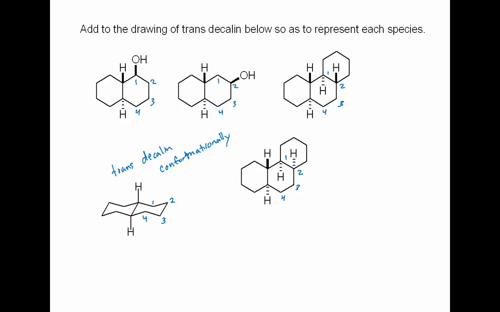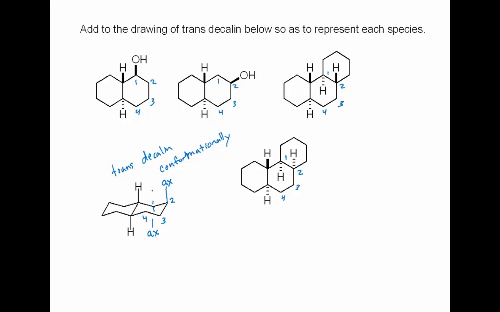All right, so the task you're now faced with is axial up or down at specific carbons. Well, at carbon 1, of course, axial is down, and at carbon 2, axial is up.